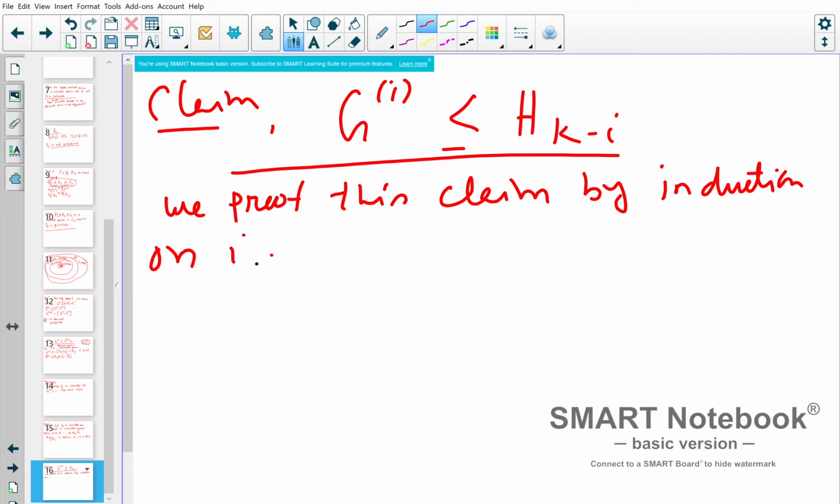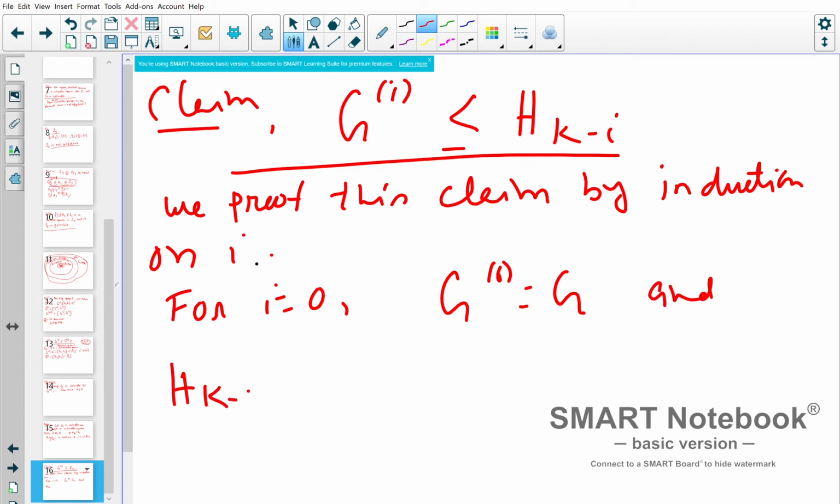For i equal to 0, G^(0) equals G, and H(k minus 0) is nothing but Hk, which is G itself. So the claim is true for i equal to 0.